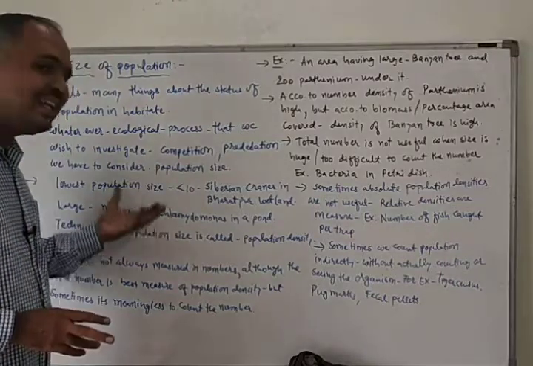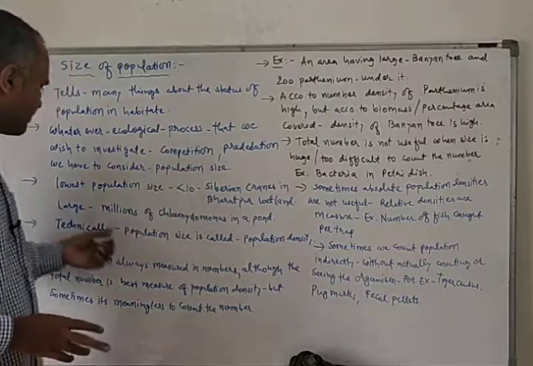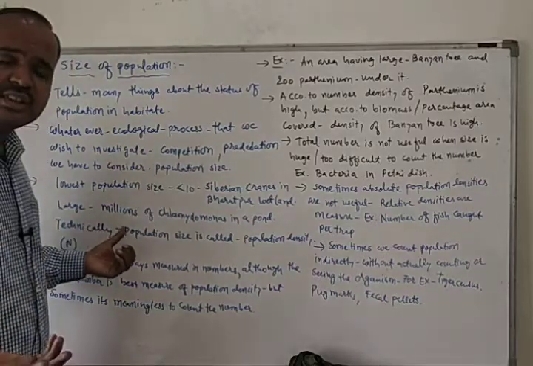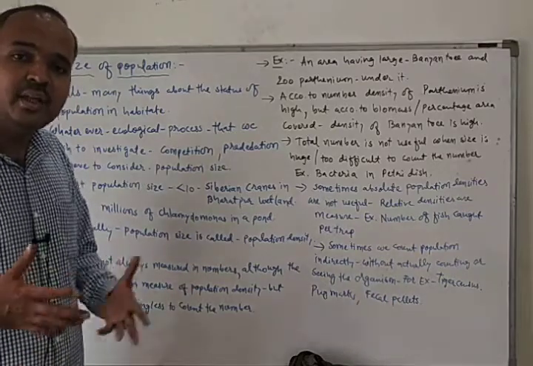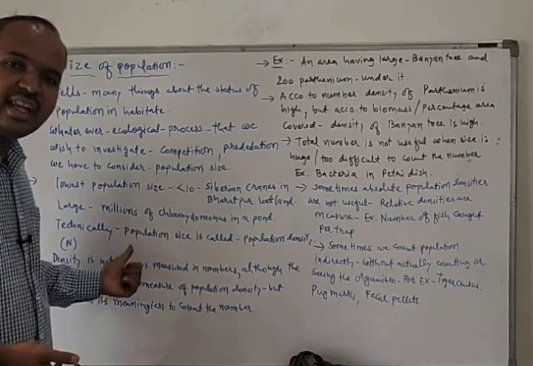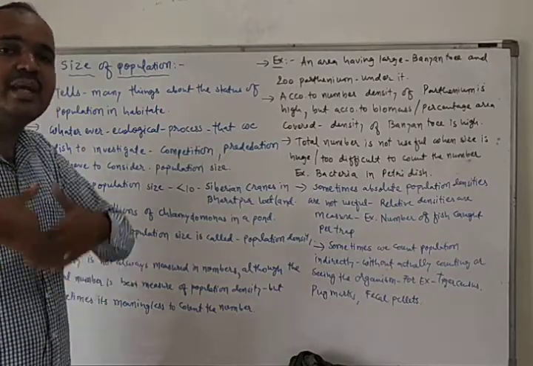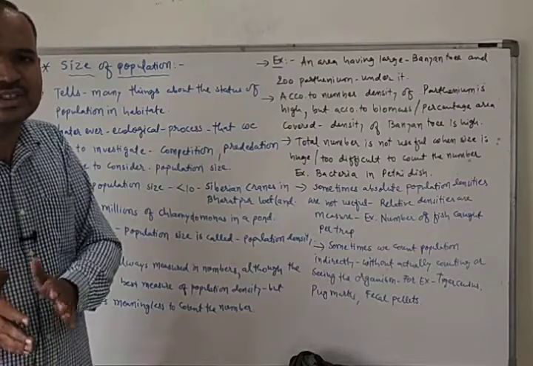So this indicates that there can be a very small population size. And a large population size can be millions of Chlamydomonas in a pond. So this indicates that a population size can be large also.